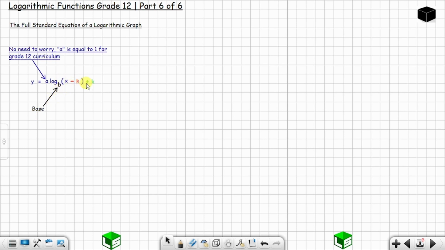And what is K? K is going to give you the information about the vertical translation: how many units the graph is moved up or how many units the graph is moved down.